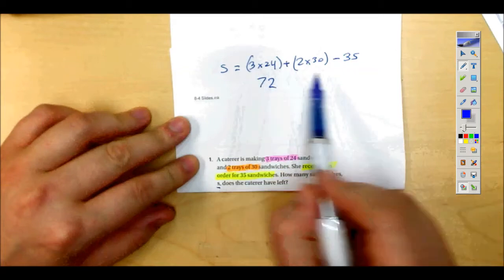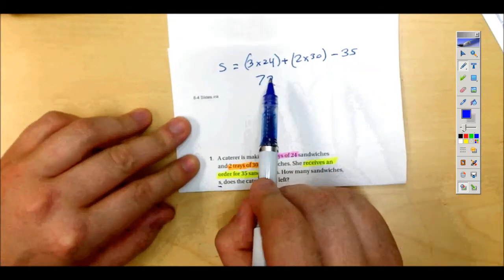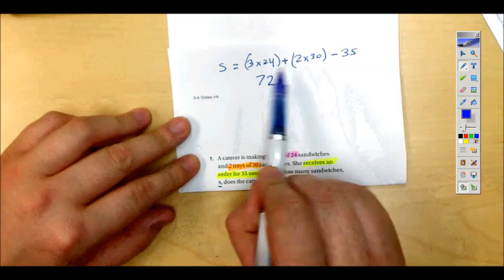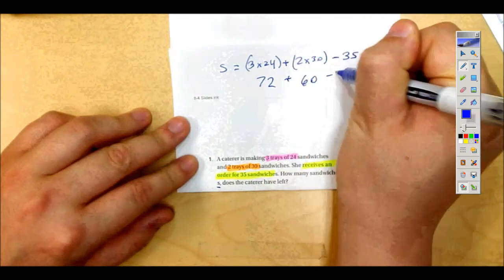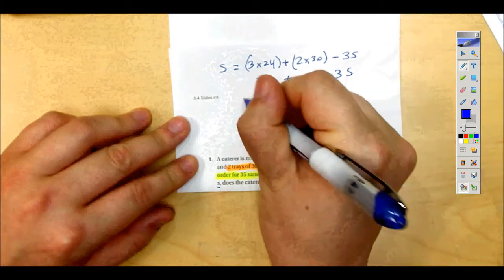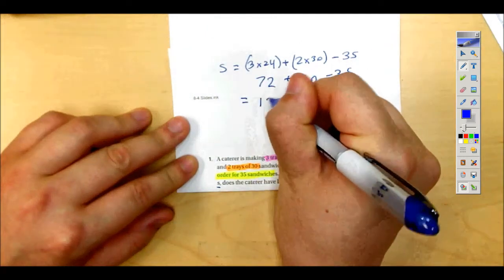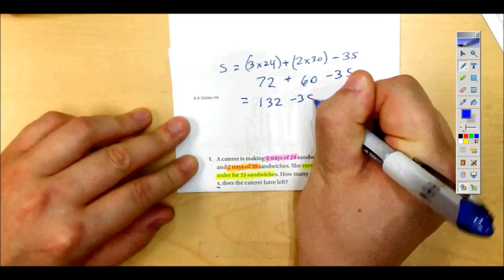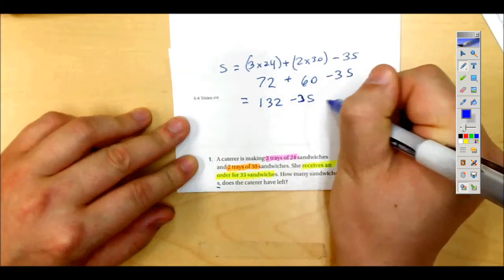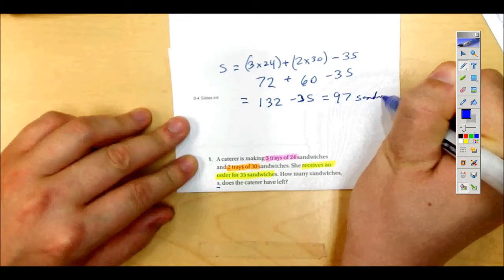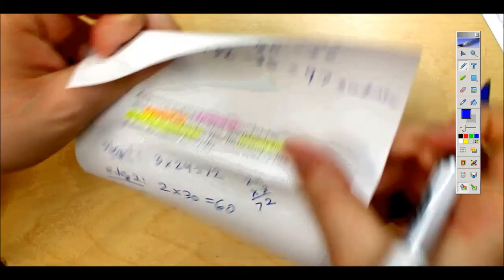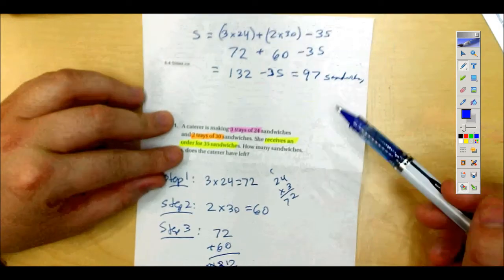Actually, these are in parentheses. That's why I'm doing it first. But if they didn't have parentheses, I would still do it first because these are multiplication. 2 times 30 is 60. So these are added together, and then we subtract 35. 72 plus 60 is 132. And if we subtract 35, we already did that math, so I'll just say 77 sandwiches.